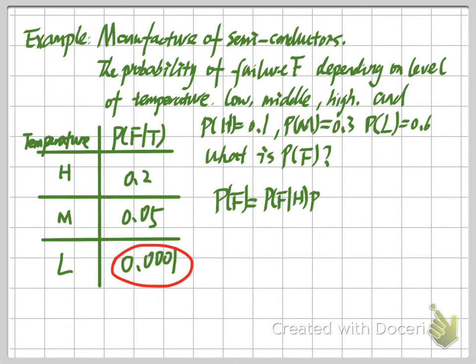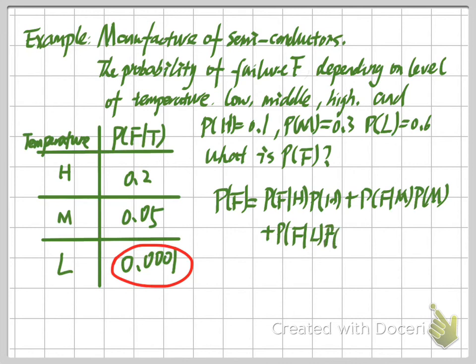Here, with the three events for the total probability rule, the probability of F is equal to the conditional probability given the temperature is high, plus the conditional probability given the temperature is middle, and the case of the temperature being low. By the total probability rule, this is the conditional probability of F given H times the probability of H, and we do the same for the low and middle temperature.